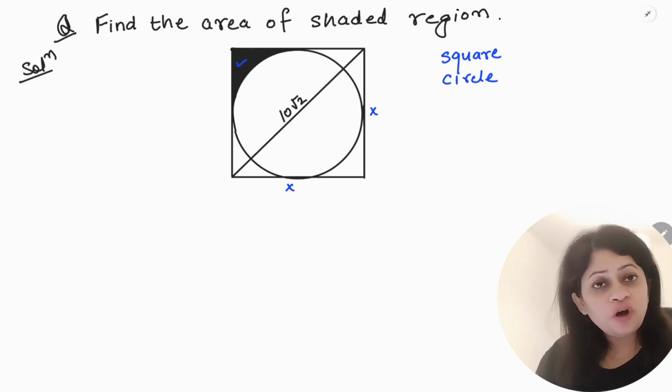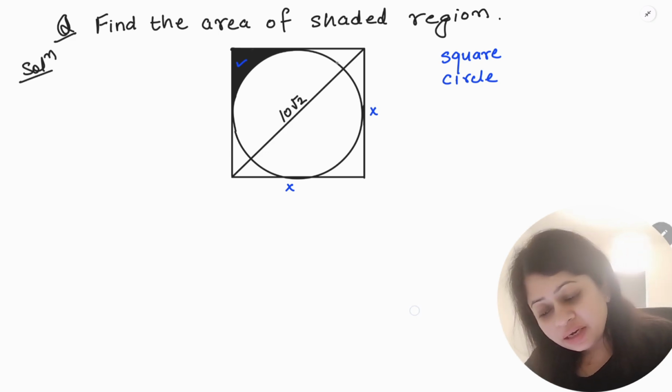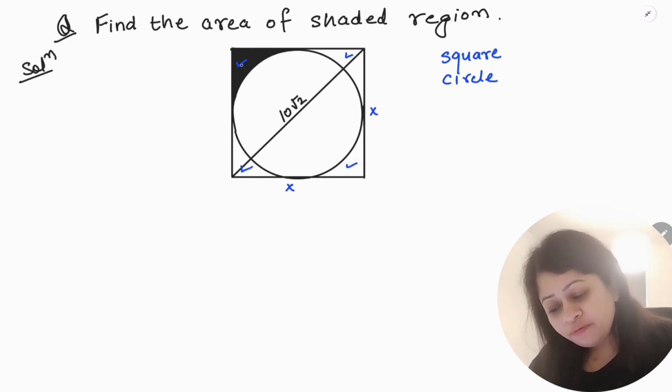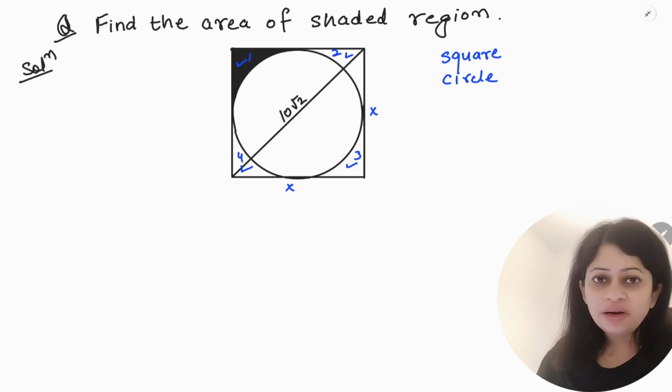If we observe it, we have four regions here, like this one, this one, this one, and this one, right? One, two, three, four. And the area of all four regions will be equal, right?